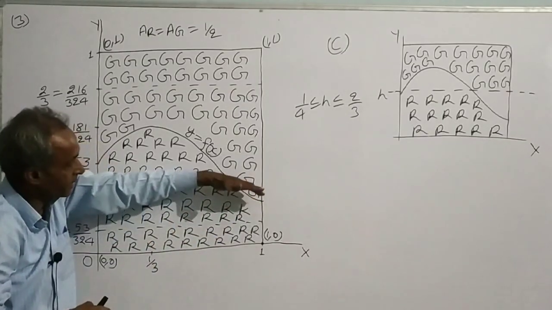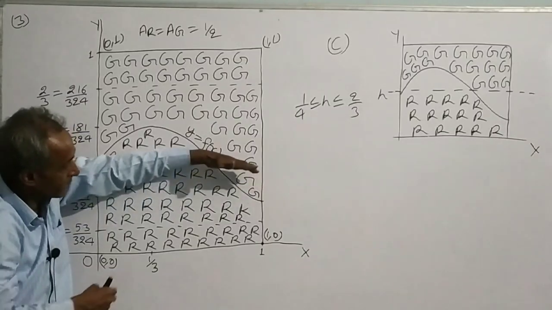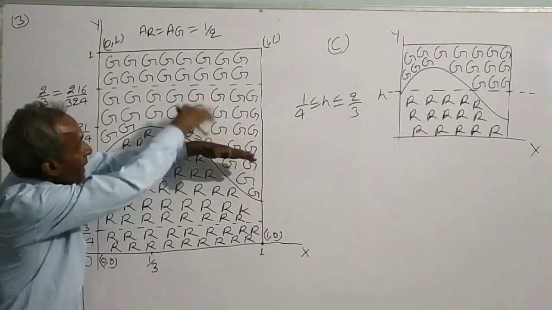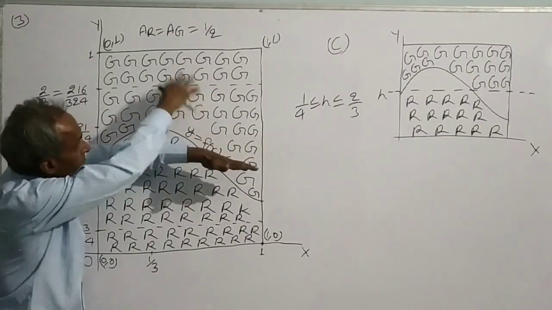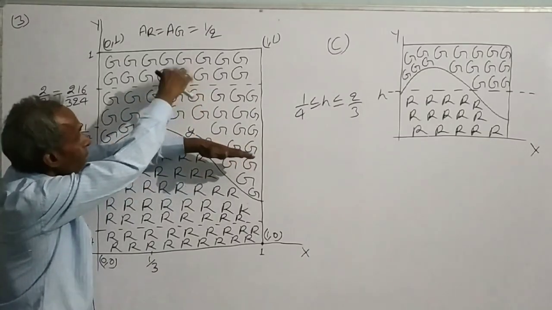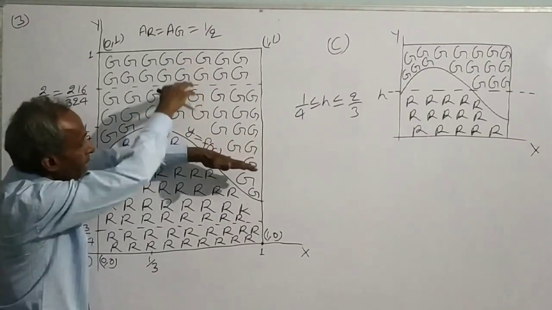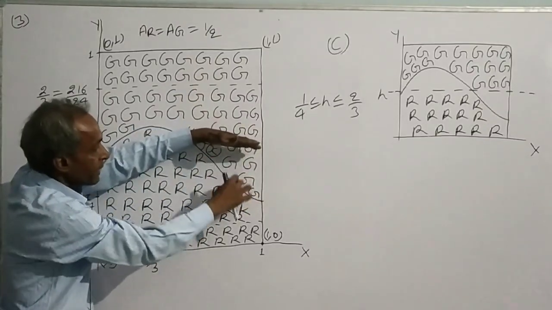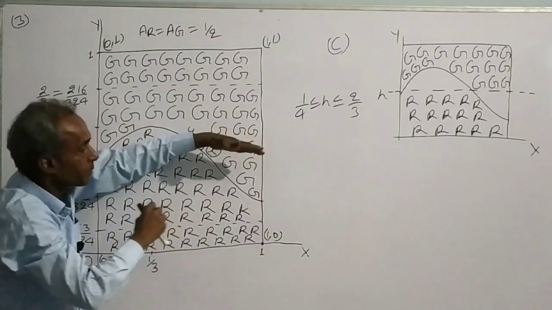As we increase the height, the area of the red region increases, while the area of the green region above this horizontal line decreases, because this much green area decreased.